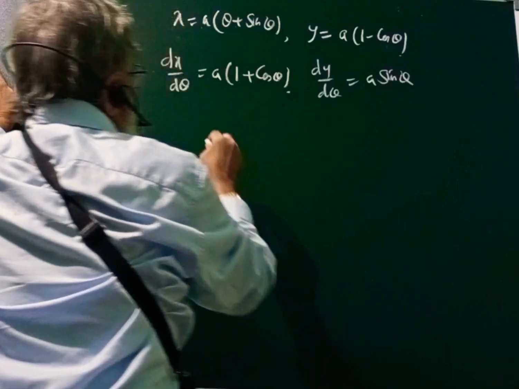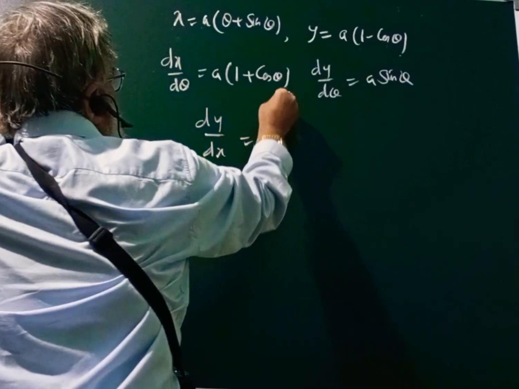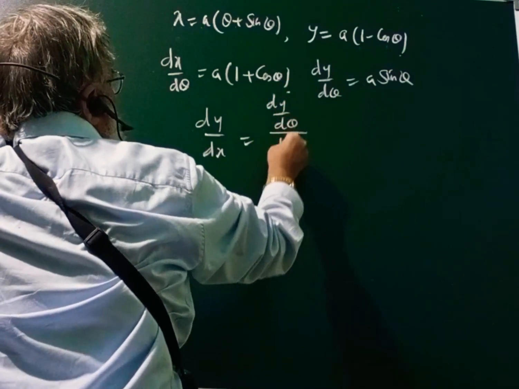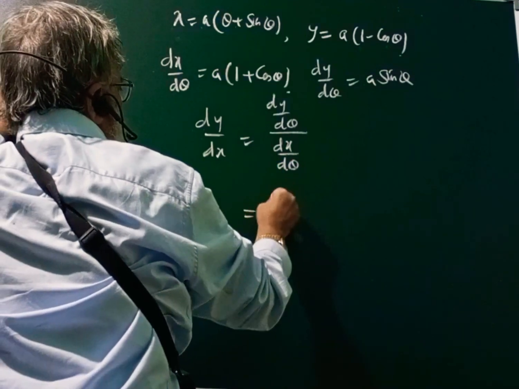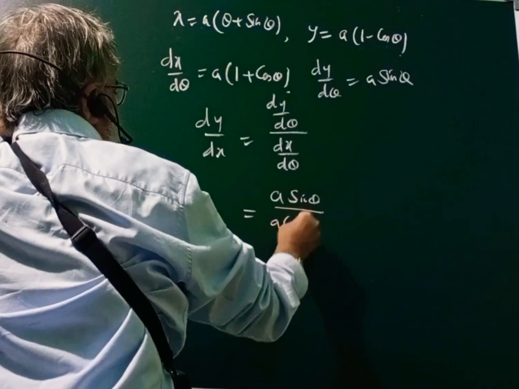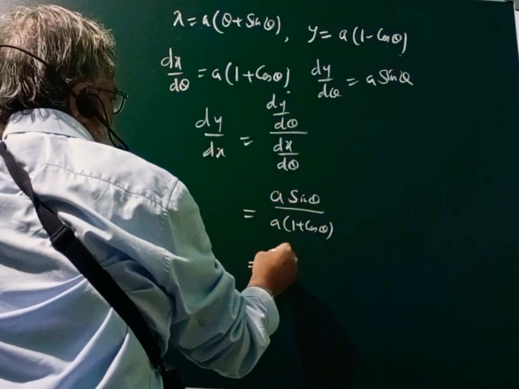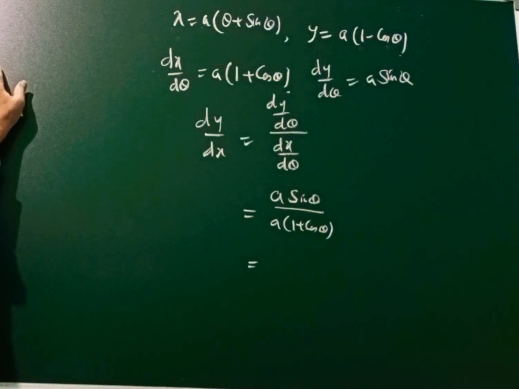Now again we apply the formula. Dy by dx is equal to dy by d theta divided by dx by d theta. Dy by d theta is a sine theta, by a into 1 plus cos theta. A cancels with a. Now this is our value of dy by dx. We can still simplify it by using the half angle formulas.